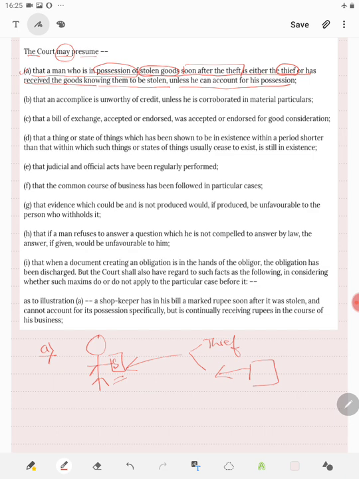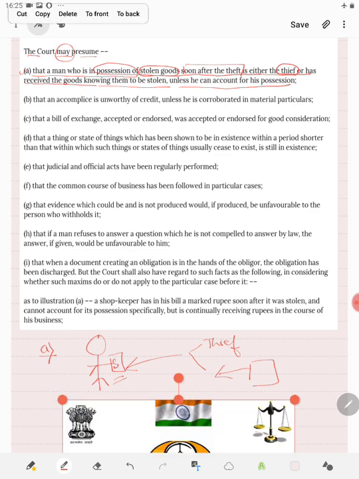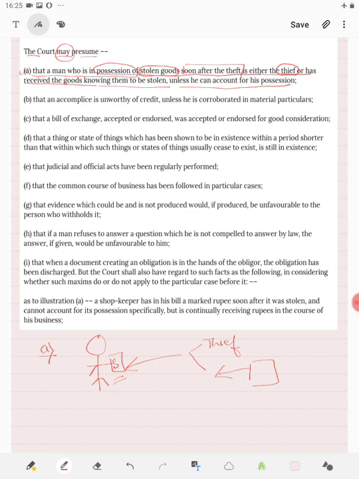However, there are three things which must be proved in such cases. The prosecution has to establish three facts. First fact is regarding the ownership of the article in question, that is, to whom this article belongs.